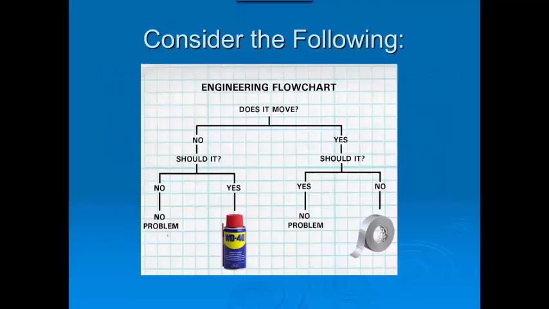Ask the question, does it move? Regardless of the answer, ask the question, should it be that way? If it should be that way, no problem. If it shouldn't be that way, fix it.